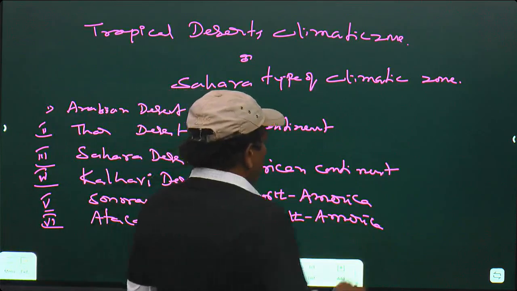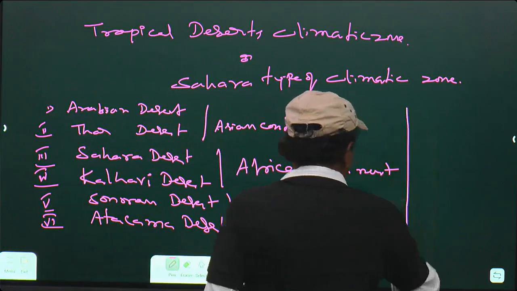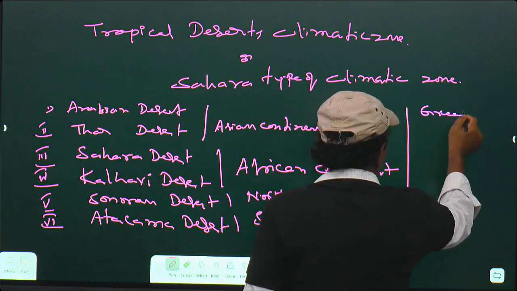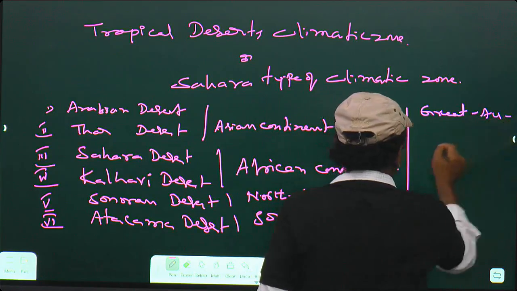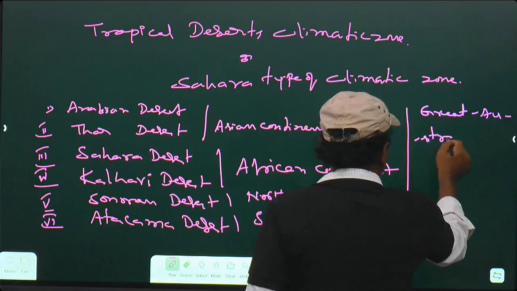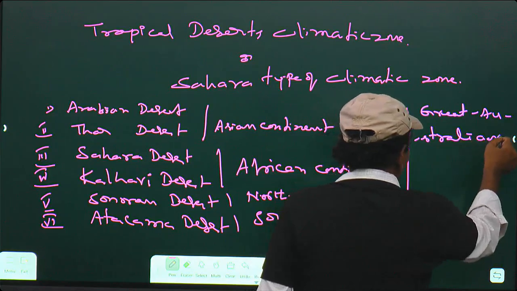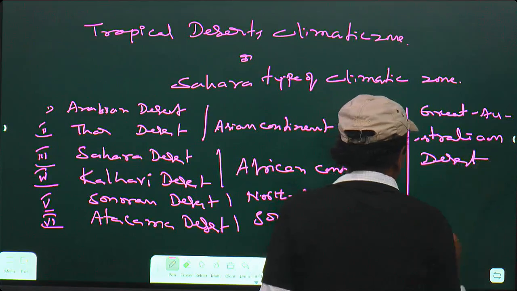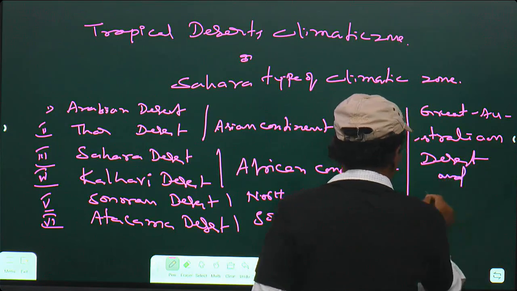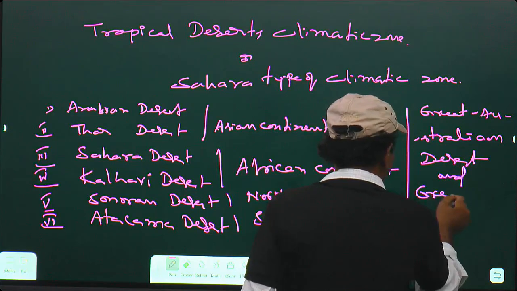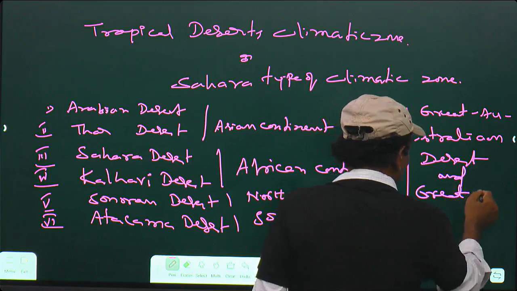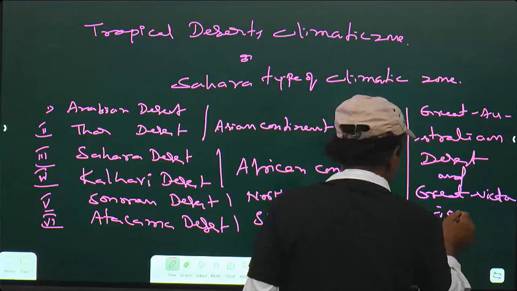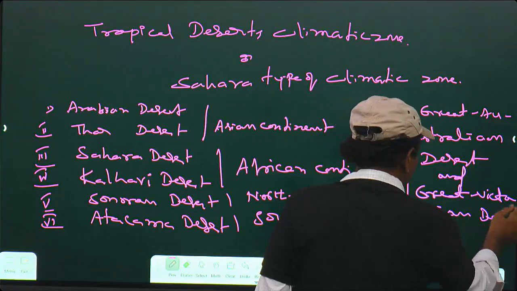The other important deserts are the Great Australian Desert and the Great Victorian Desert.